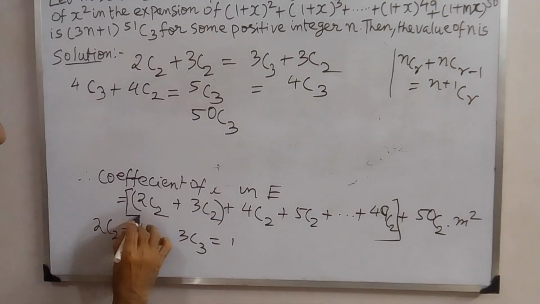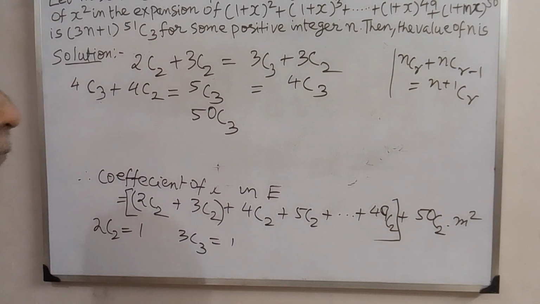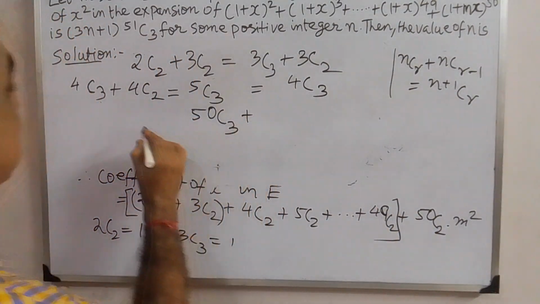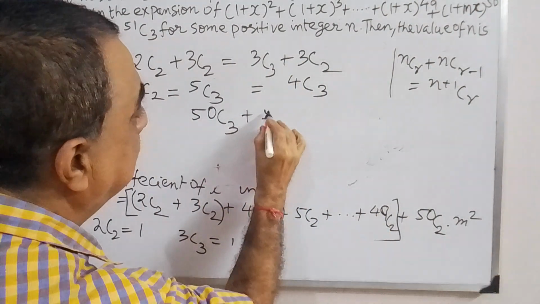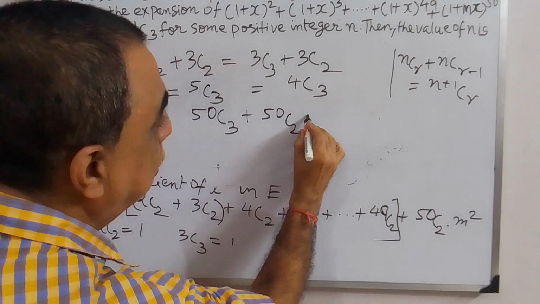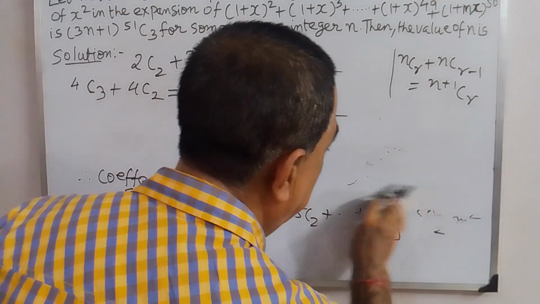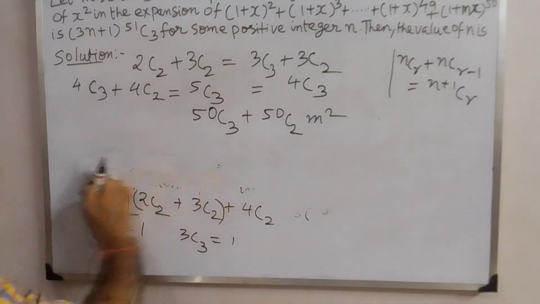If I add from here to here, you will get 50C3, plus I have to add this also. So that will be the coefficient of x squared in this expansion. So this will be 50C2 n squared. Clear? Now see here, this will be the coefficient of x squared.